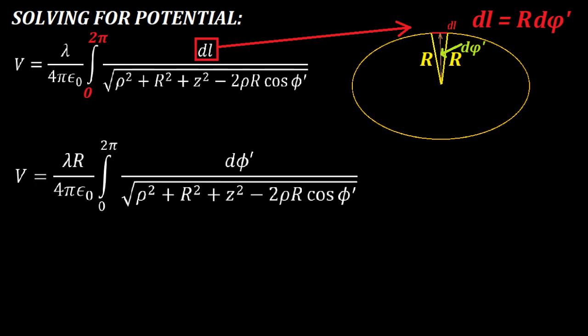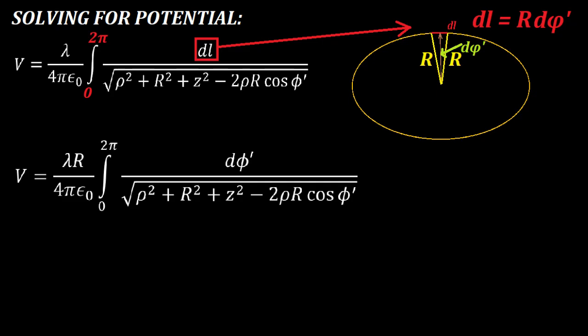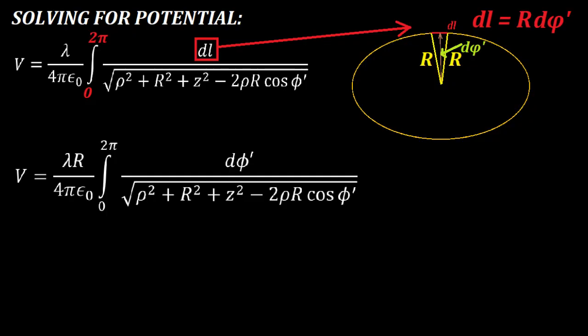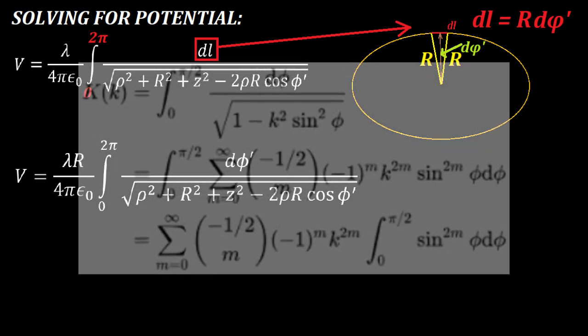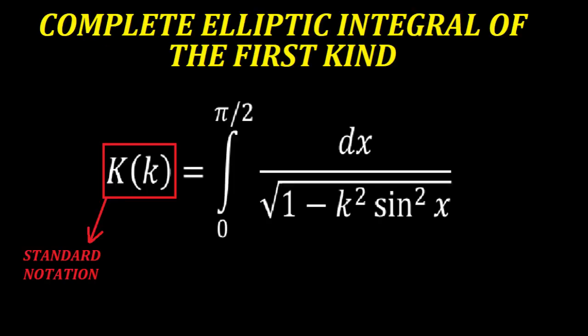Now we can solve it, right? Well, not quite. This integral has no analytic solution. Fortunately, this integral can be transformed into the much more useful complete elliptic integral of the first kind. As I said before, for the purpose of this video, it's just a special kind of integral, a special function that has the following form.